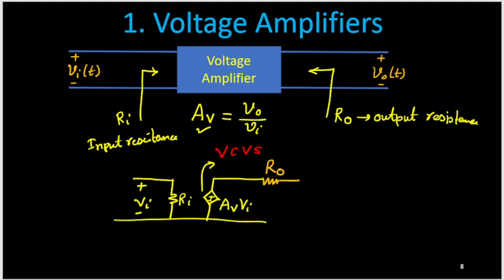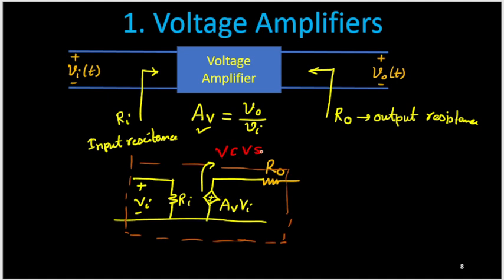This is the model for this voltage amplifier. It is very simple. It includes one input resistance Ri, one output resistance Ro, and one gain AV that we consider in terms of a voltage controlled voltage source.